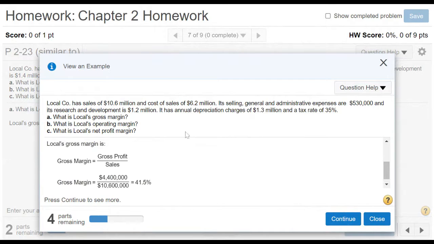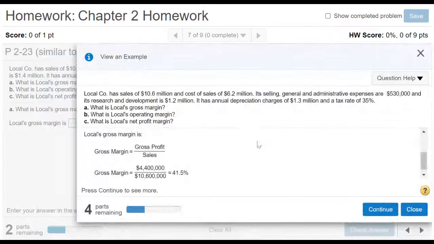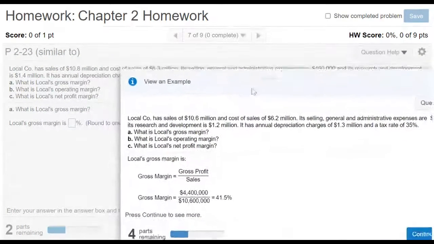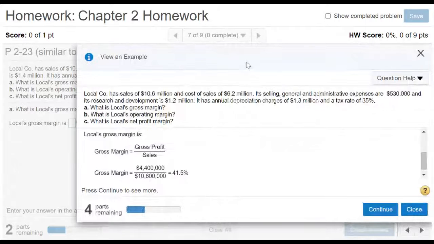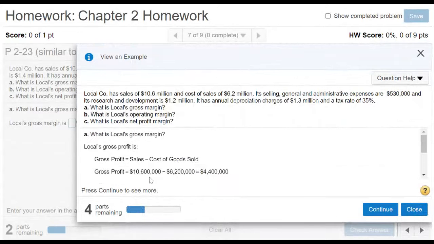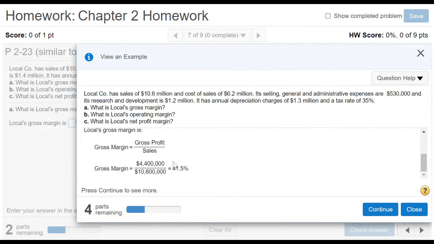So it's going to look something like this. Do you see it? Yes. So the first part, 10.6, your gross profit minus the cost of sales, right? And then 4.4, the answer you get, your gross profit. You want to see what the margin is, the margin of your profit. So it's 41%. Okay, so that's the first part.